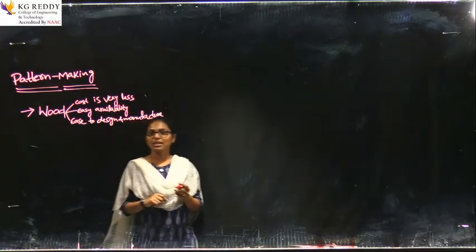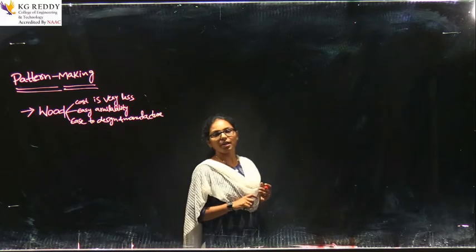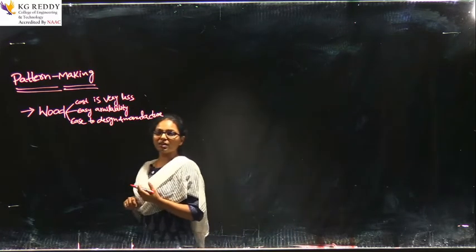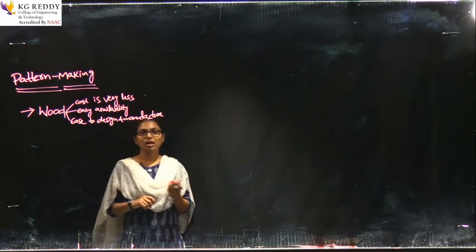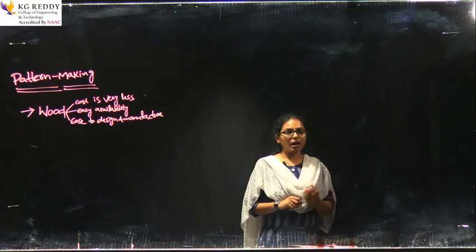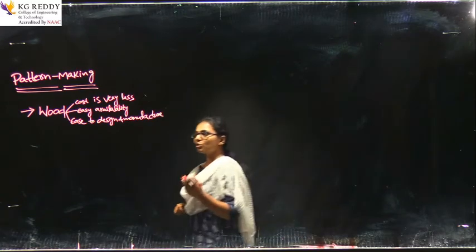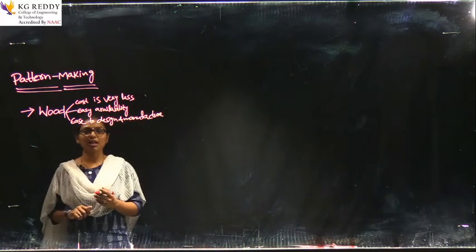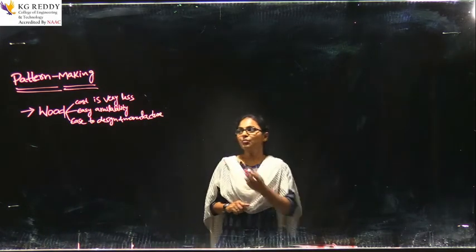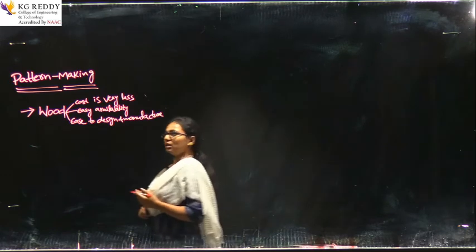Another major disadvantage is that it absorbs moisture, which may cause dimensional change in the casting, so we may not get an accurately sized casting. Based on the production rate and the accuracy level, we have to choose the pattern material.